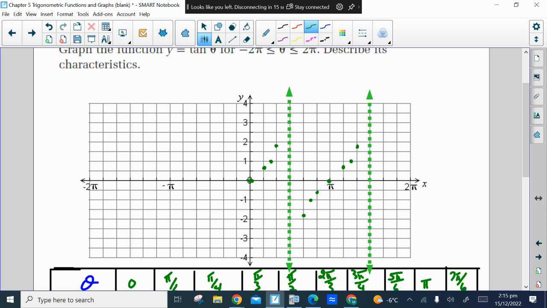At 5 pi on 3 or 10 pi on 6, we are at negative 1.73. At 7 pi on 4, we're at negative 1. 11 pi on 6, negative 0.58. And then at 2 pi, back to 0.